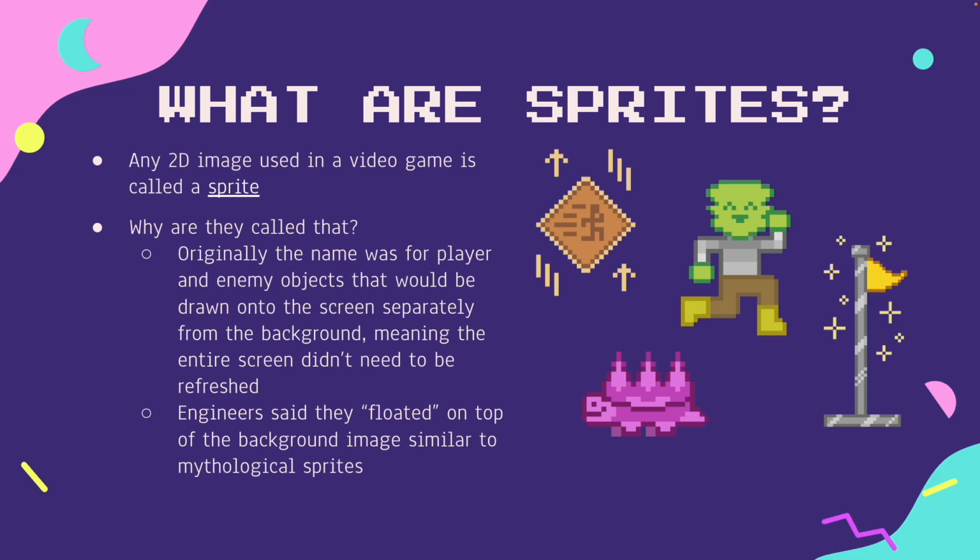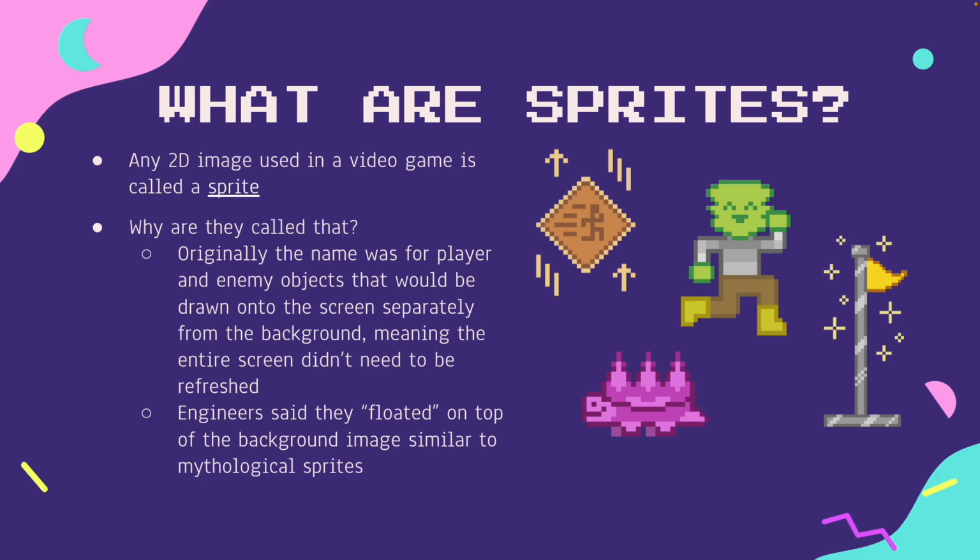I didn't know why they're called that, but apparently, with really old computers, like cathode ray tube ones, the individual objects, for example the player or the enemy, would have an image, but there would also be the background image, and the players would only be drawn in the location that they are.